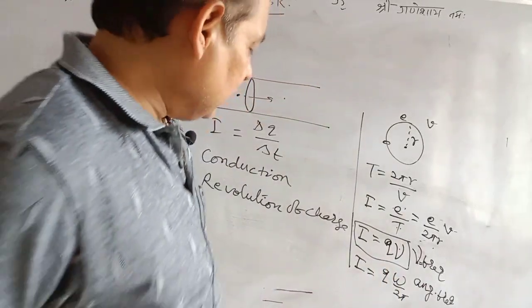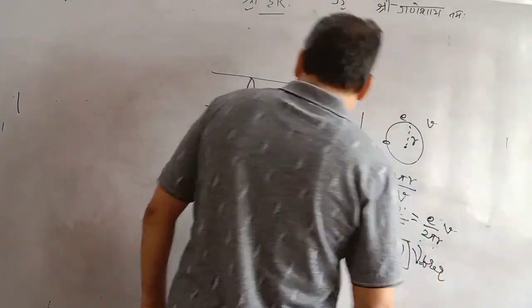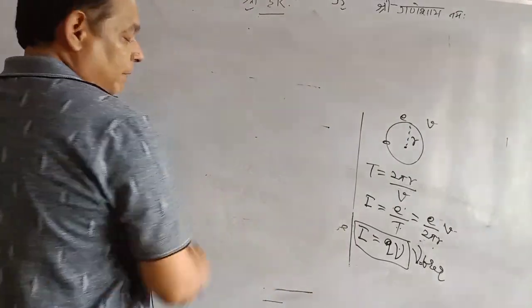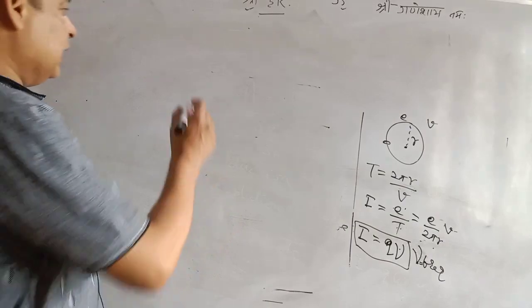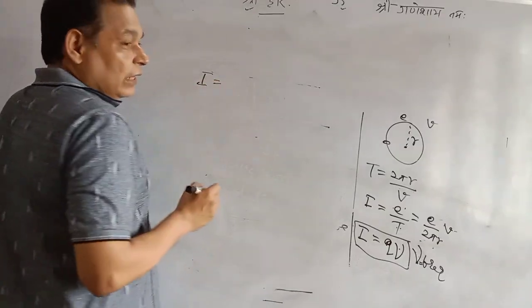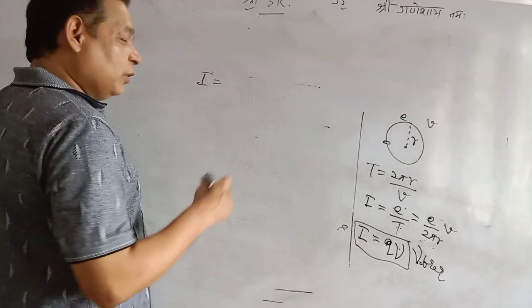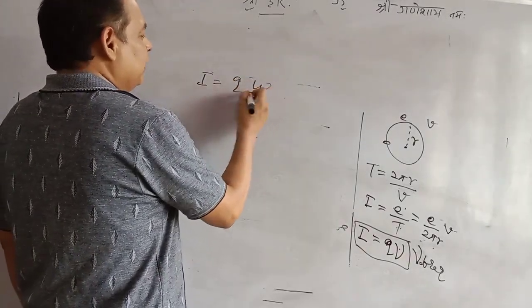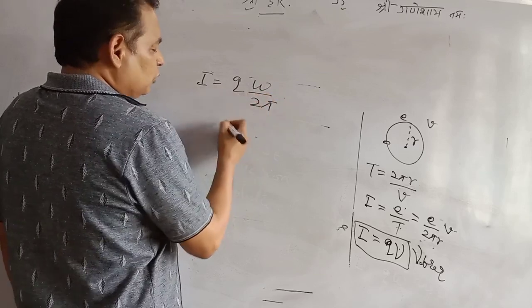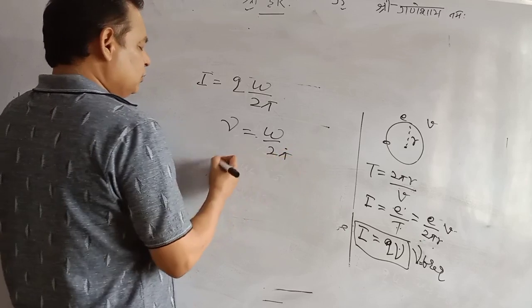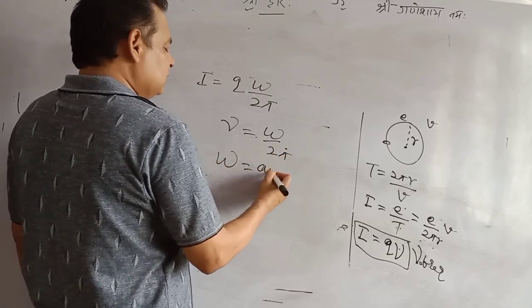This current due to revolution of charge, like electrons revolving in a hydrogen atom or other atoms, is Q omega by 2 pi, because nu equals omega by 2 pi, and this omega is angular frequency.